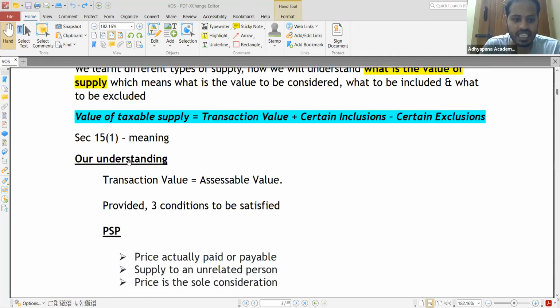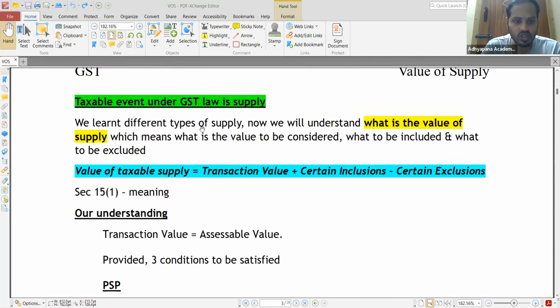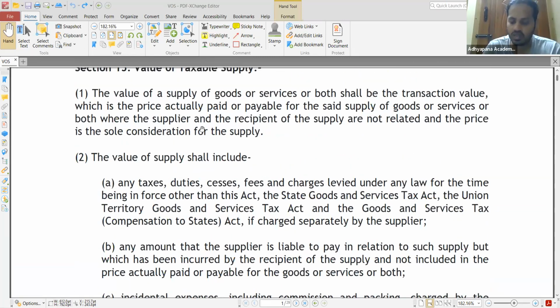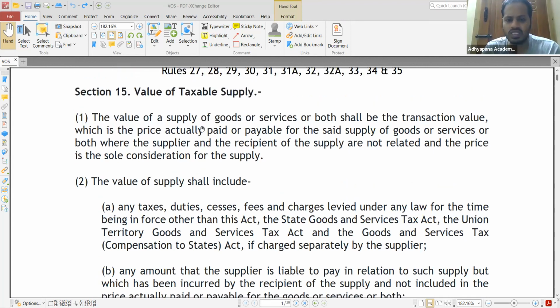Our notes will be like this. Usually I give notes with the section, subsection, rules, sub rules, proviso and explanations, everything they have said in the Act, in the first page of the topic.